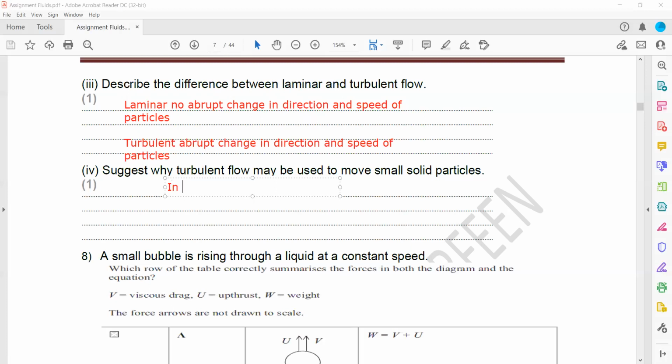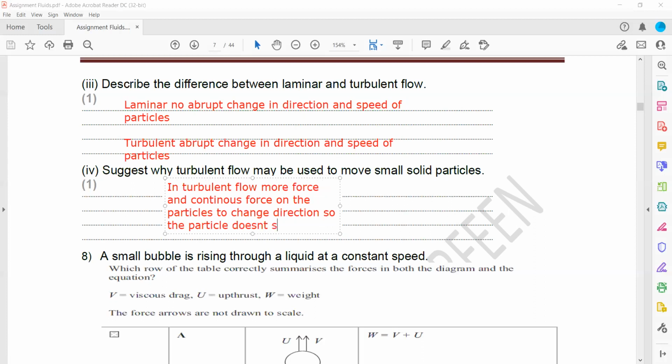So in turbulent flow, there is more force and continuous force on the particle to change direction, so the particle does not stop.